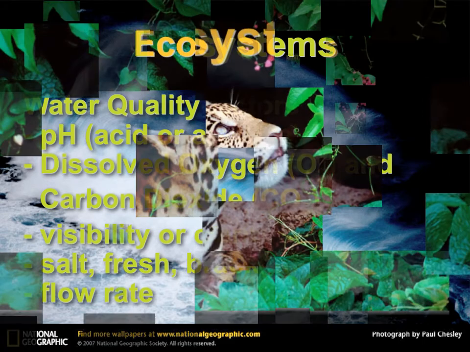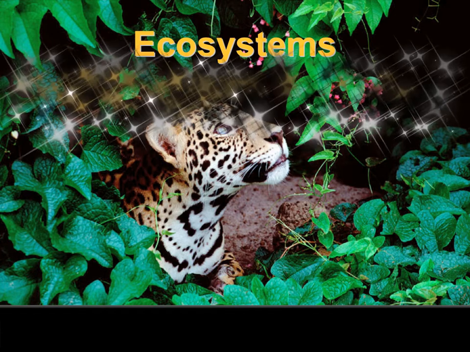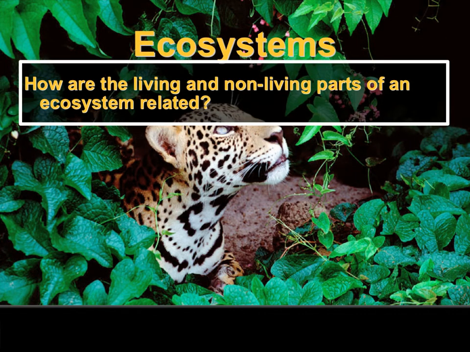Okay? So, when we're talking about ecosystems, it's important to remember that it's the living and the non-living parts connected. How do the plants affect the leopard here? But how is the temperature affecting the plants and the leopard?